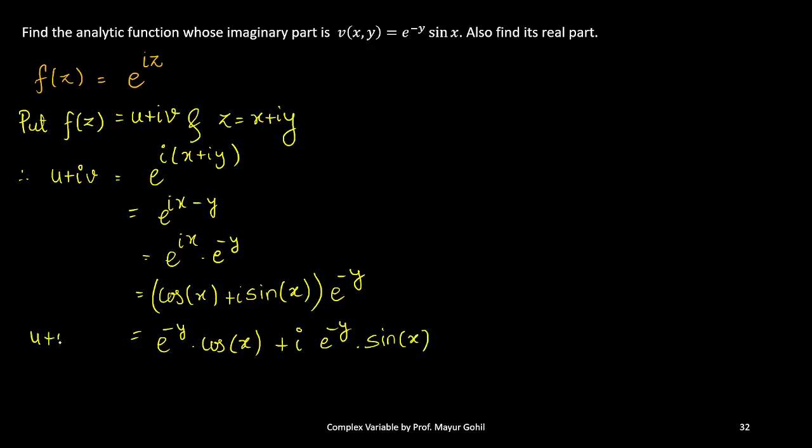So u plus iv. Now LHS is in complex form and RHS is again a complex number, so you can compare them.